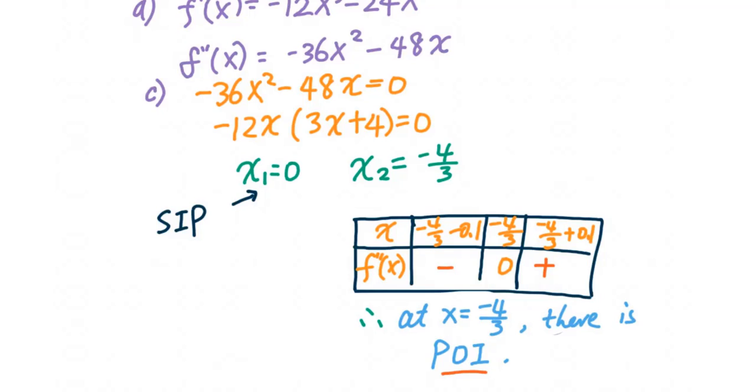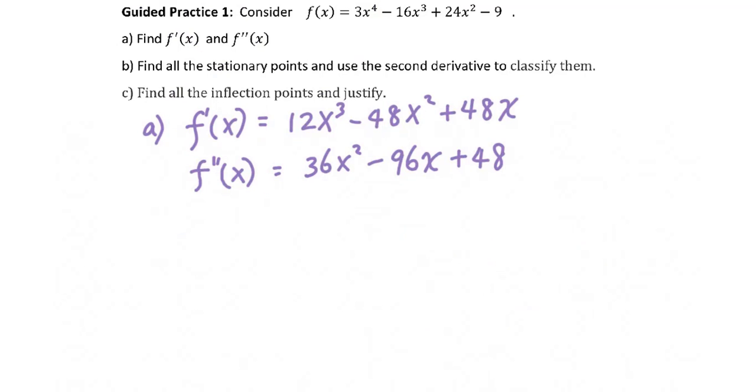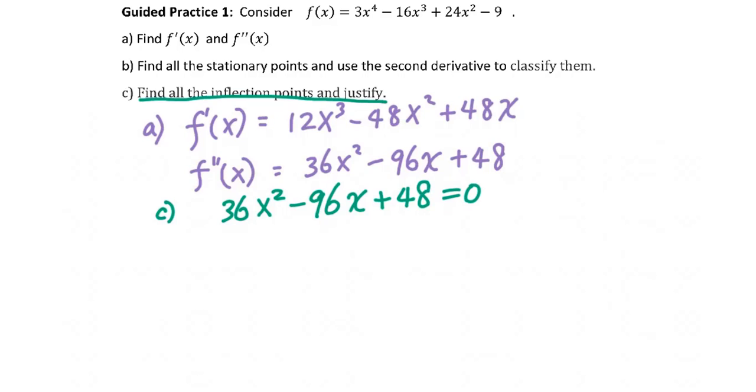Now let's go to C, find all the inflection points and justify. How to find the inflection points? You need to make the second derivative equal to 0. So you will get 36x squared minus 96x plus 48 equals 0. You can use a graphing calculator to get the roots directly.